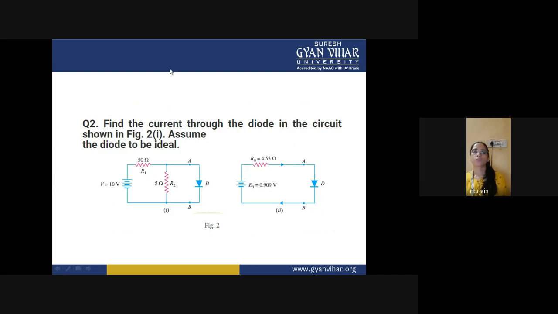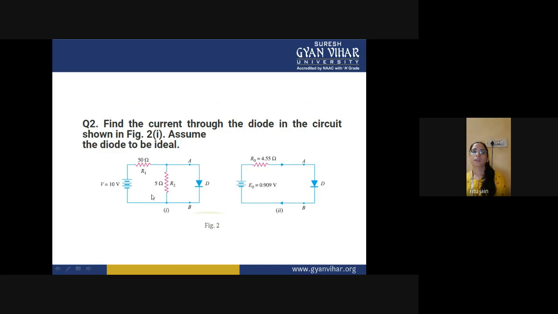You can easily find out the voltage by applying the voltage division rule. According to the voltage division rule, when two resistances are in series combination, if you want to find out the voltage across a branch, you have to take the resistance of that branch, multiply by the applied voltage, and divide by the total resistance of the circuit.